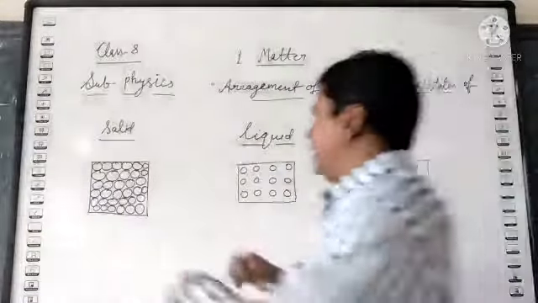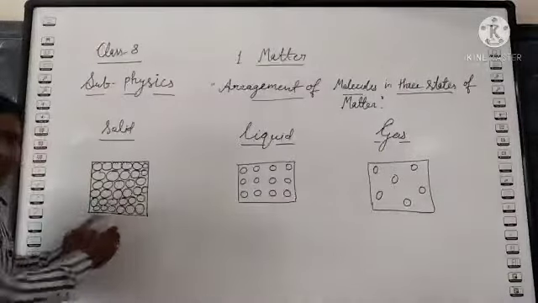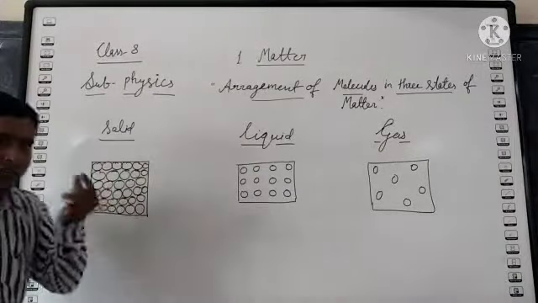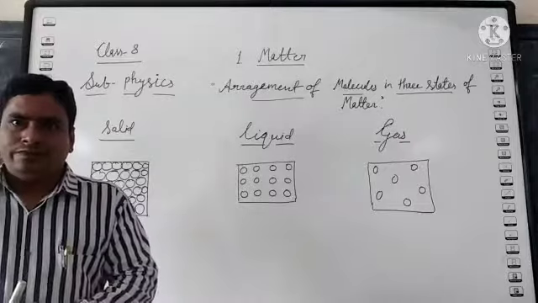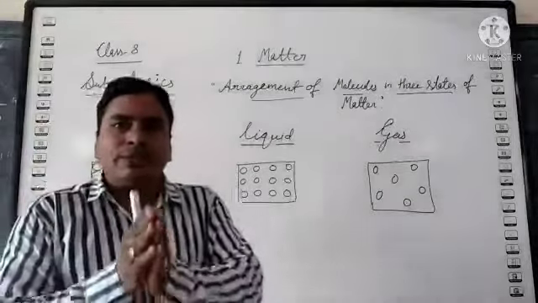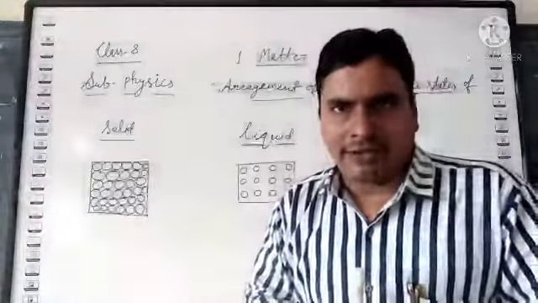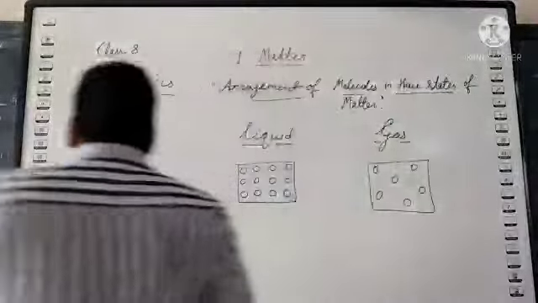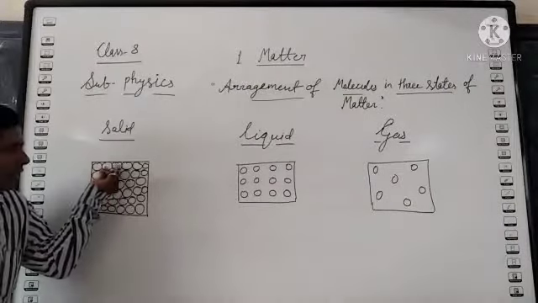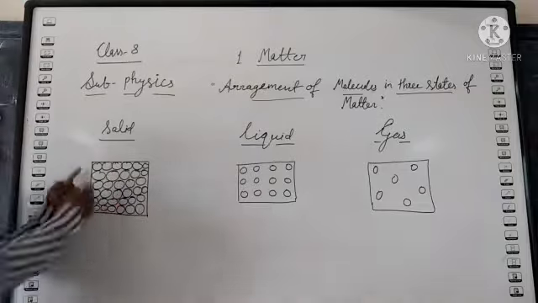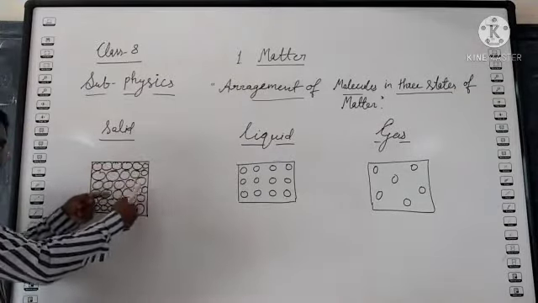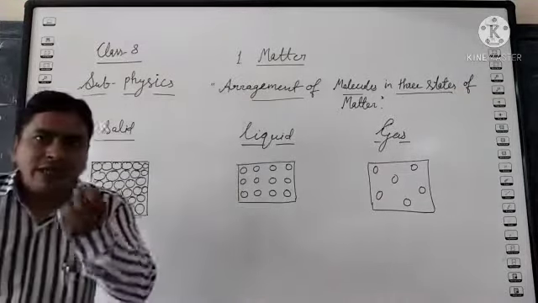See here, suppose here is a structure of a solid. This circle represents a molecule. You know, a molecule is the smallest unit of matter. Okay students? So here molecules are very closely, tightly packed, very close to each other.